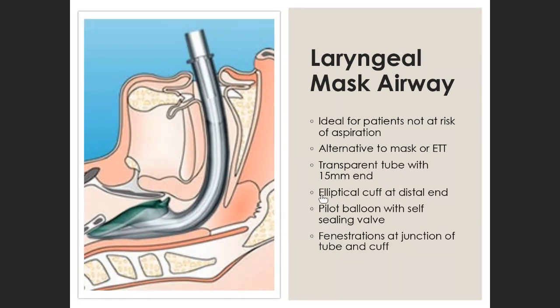Ideally, we use it in a patient who is not at risk for aspiration because, as you see, this is not a secure airway. Remember what I said the definition of a secure airway was? Let's go.